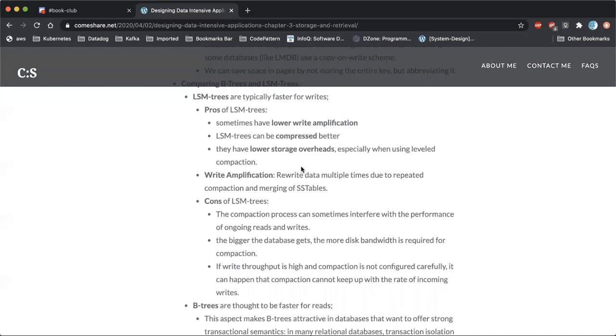The only advantage I found, I don't know if it falls into compression, I thought it's more into segmenting because B trees write in 4K segments. You don't have a proper segmenting, right? You always have these 4K segments that you write, whereas for LSM, that's not the case. I feel that's a segmenting advantage. I didn't quite follow the compressed better thing. If anyone has understood it, probably you can explain.